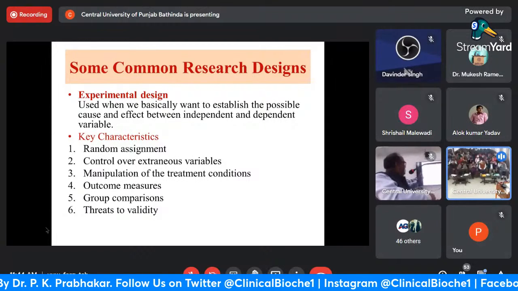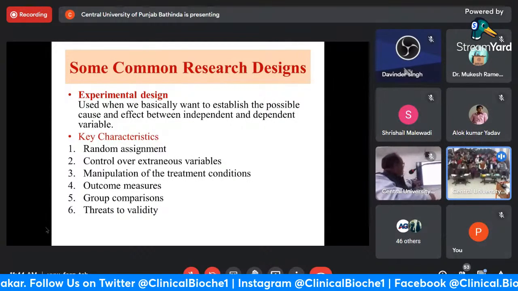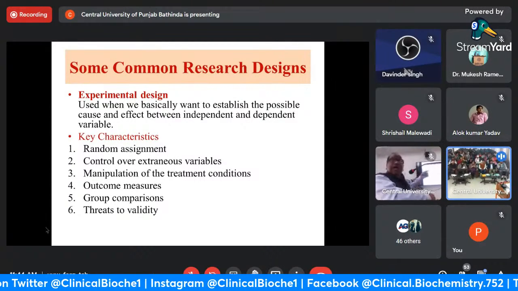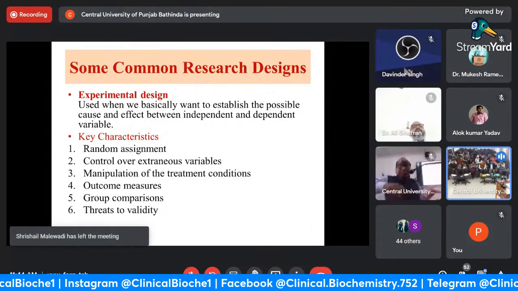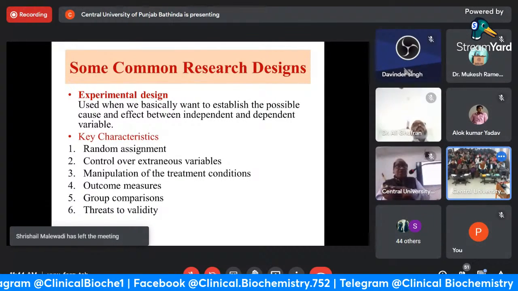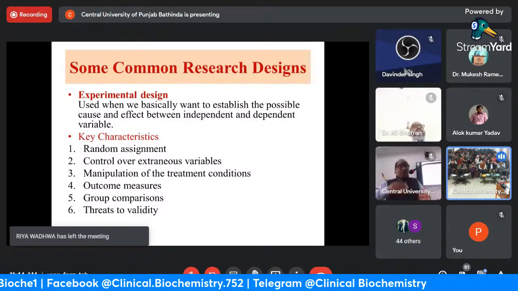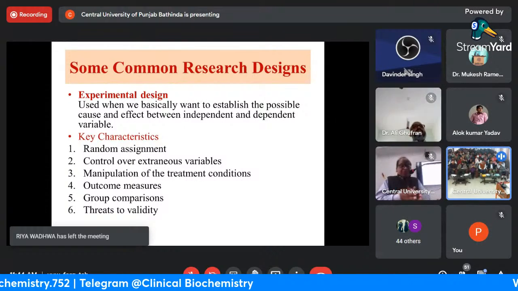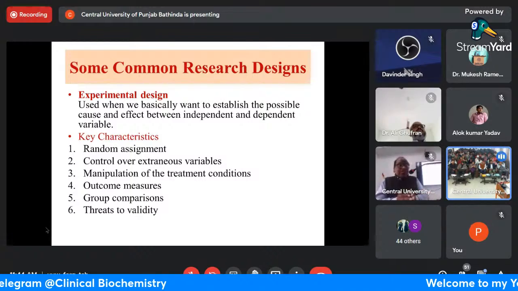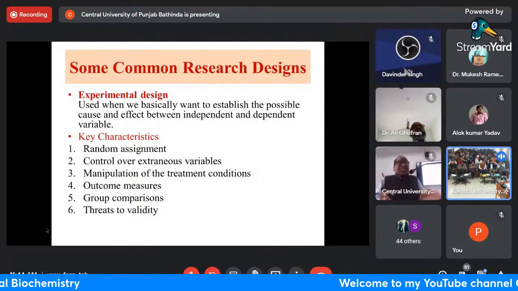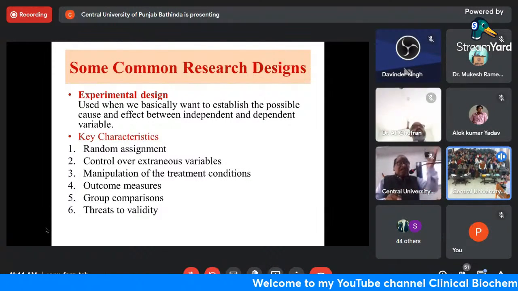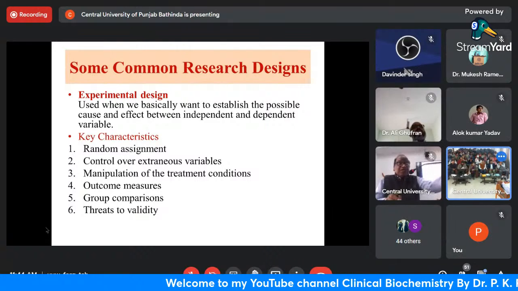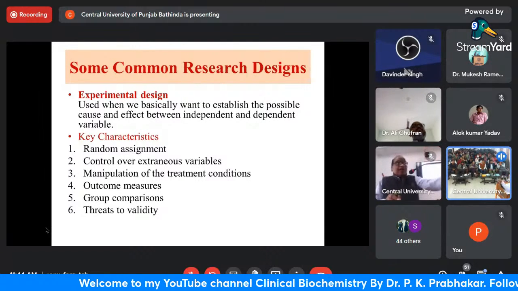Control over extraneous variables, manipulation of treatment, outcome and how we are measuring it, pre-test and post-test. We give a pre-test, then again give a post-test, with an intervention in between. Whether the pre and post-tests are the same or different: if they are the same, then what is the test reliability, or whether the tests are equivalent.